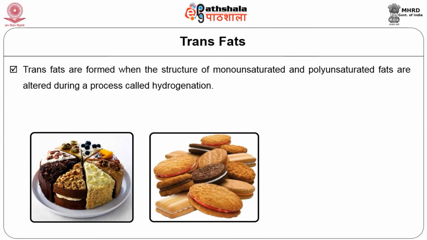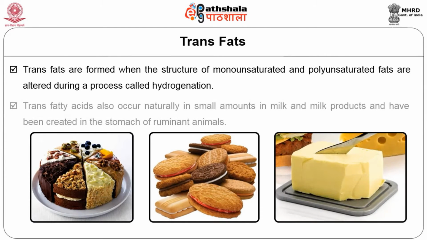Trans fats are often found in processed foods such as biscuits, cakes and margarines. Trans fatty acids also occur naturally in small amounts in milk and milk products and are created in the stomach of ruminant animals.